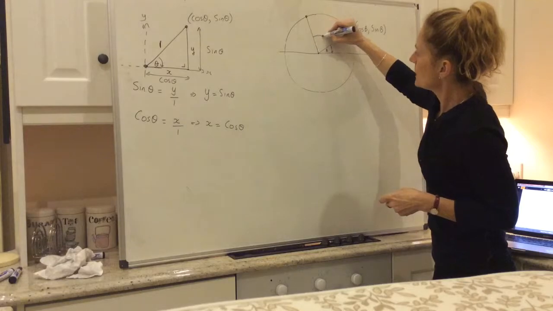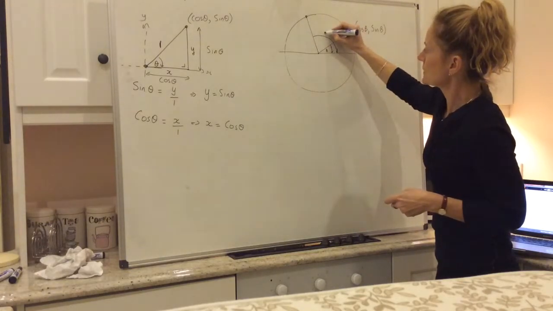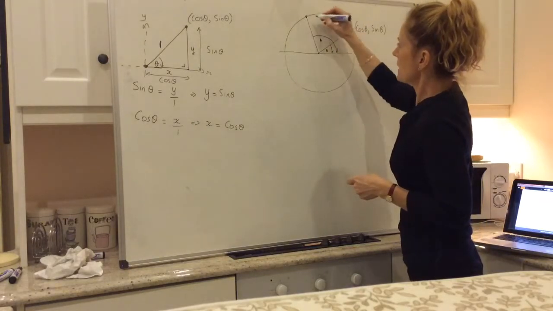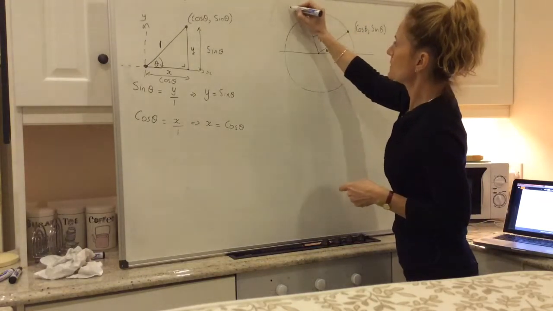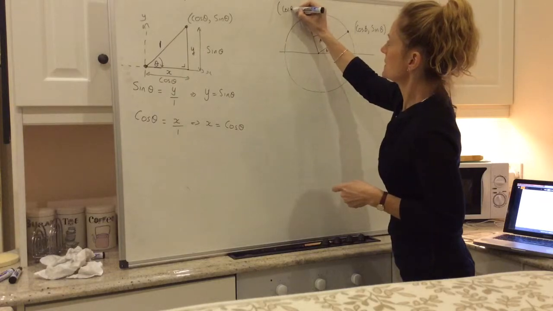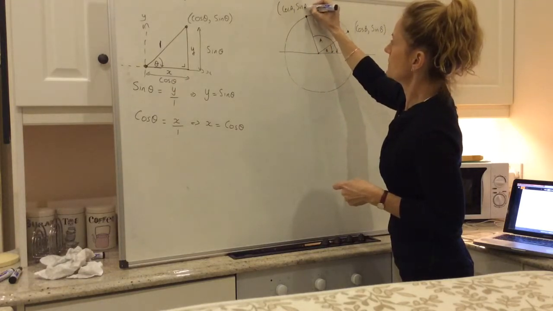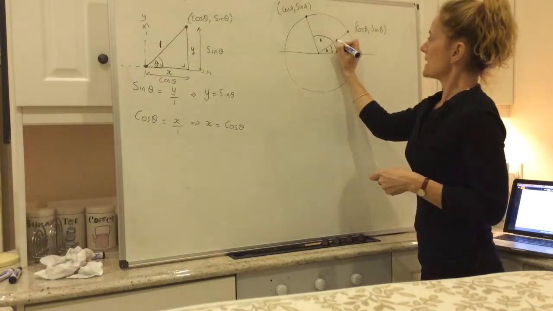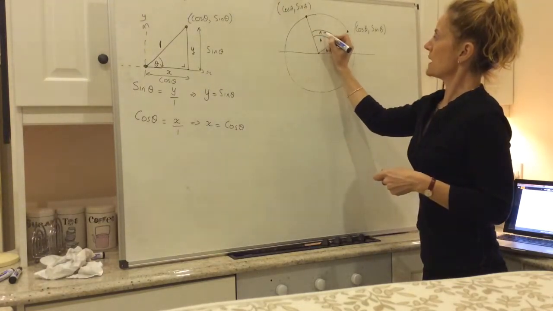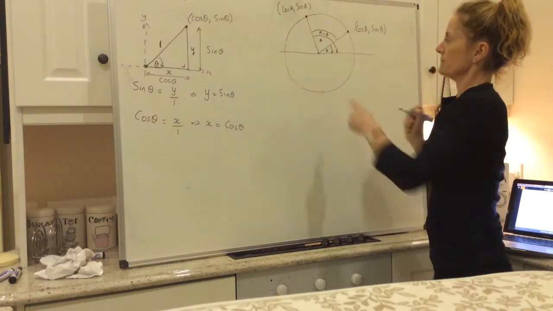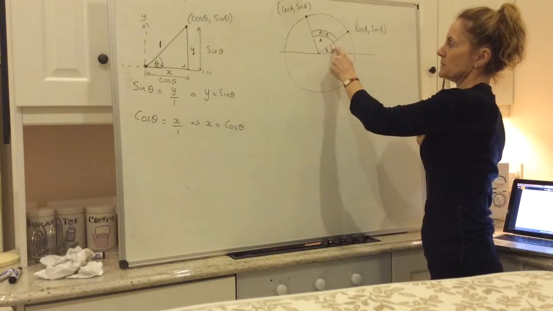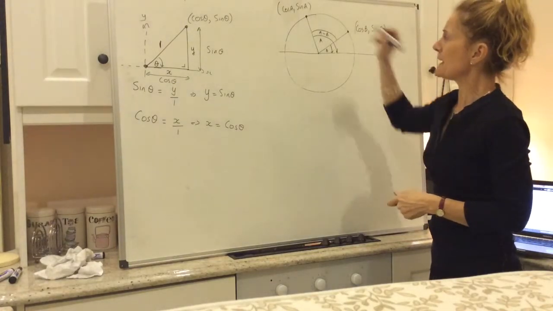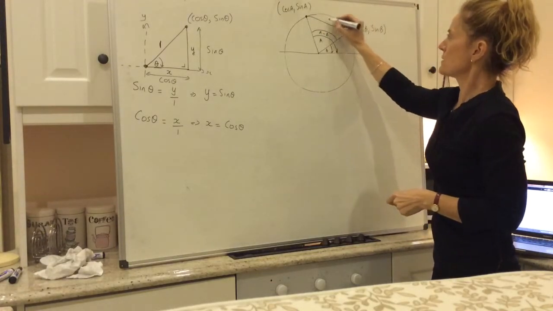If we call the whole angle here A, then the coordinate of this point will be cosine A, sine A. The piece in the middle, this angle here, is angle A minus angle B. A is the whole thing, B is this bit, so this is A minus B. The plan is that this distance here we'll call x.